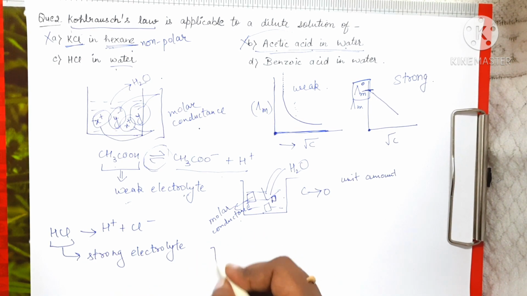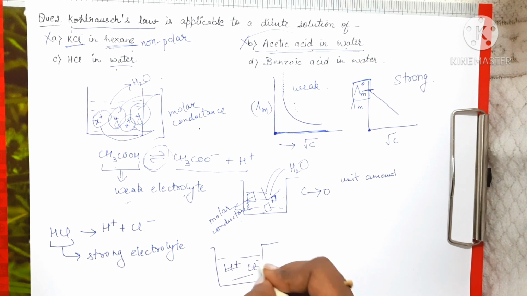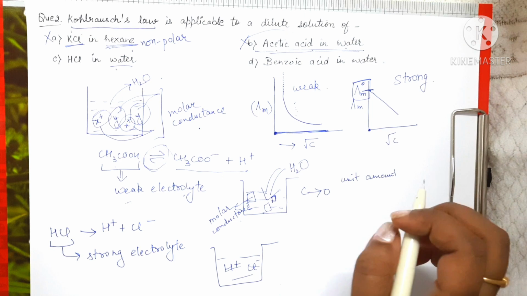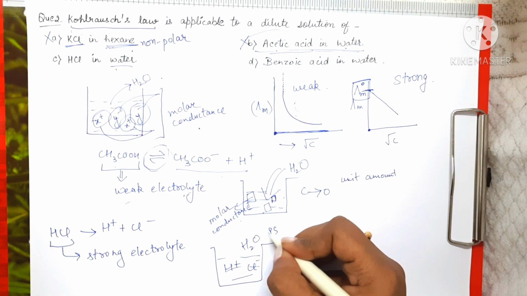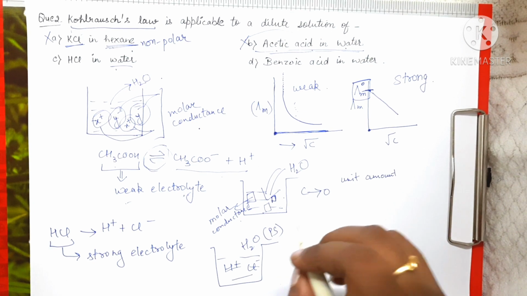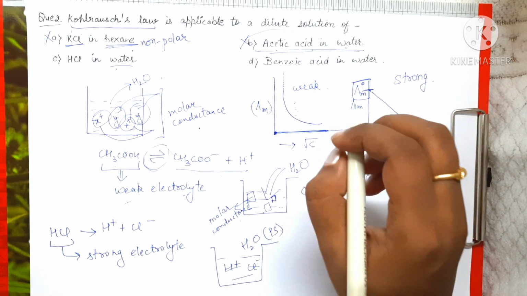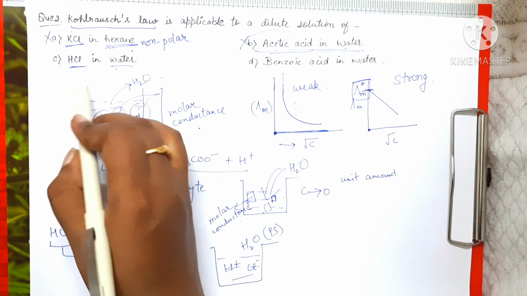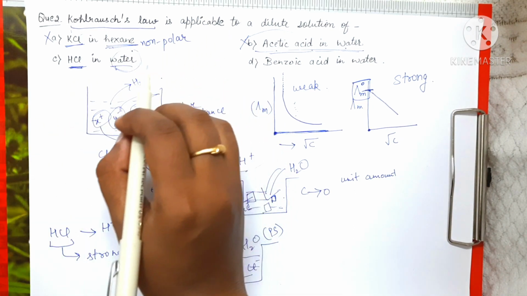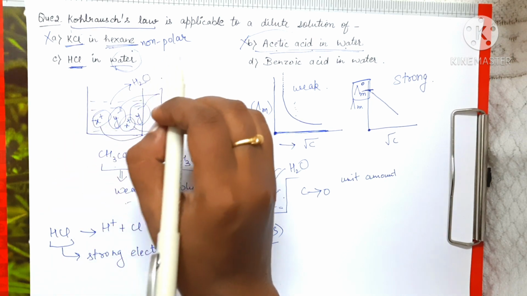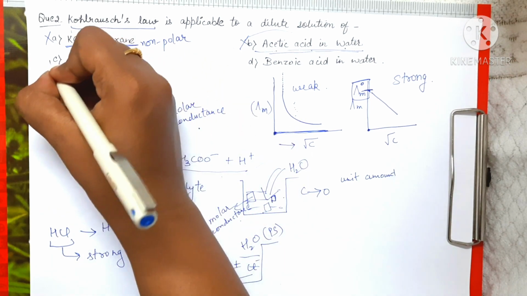So it will break into H positive and Cl negative completely. So definitely Kohlrausch's law is going to apply here because this is a strong electrolyte and this is a polar solvent. So dissociation will be complete and Kohlrausch's law will be applicable here.